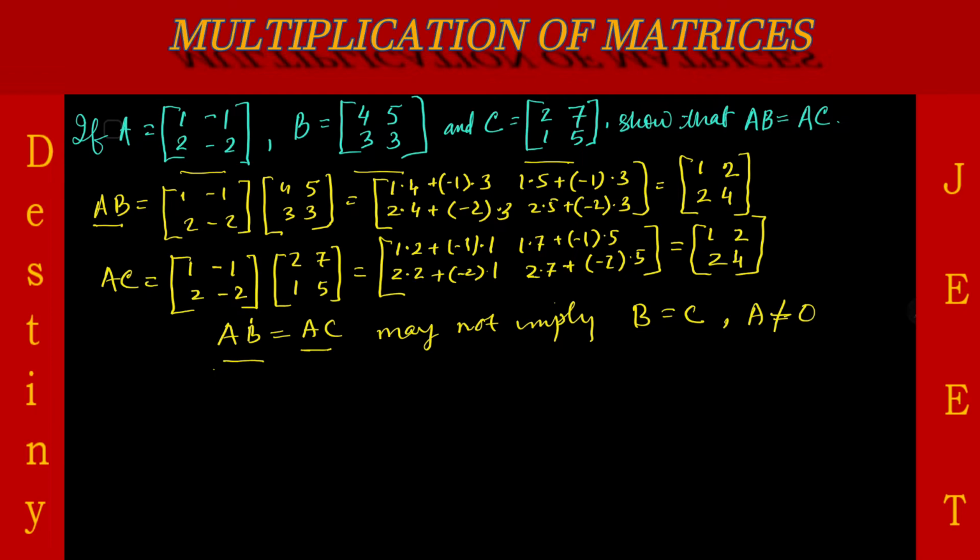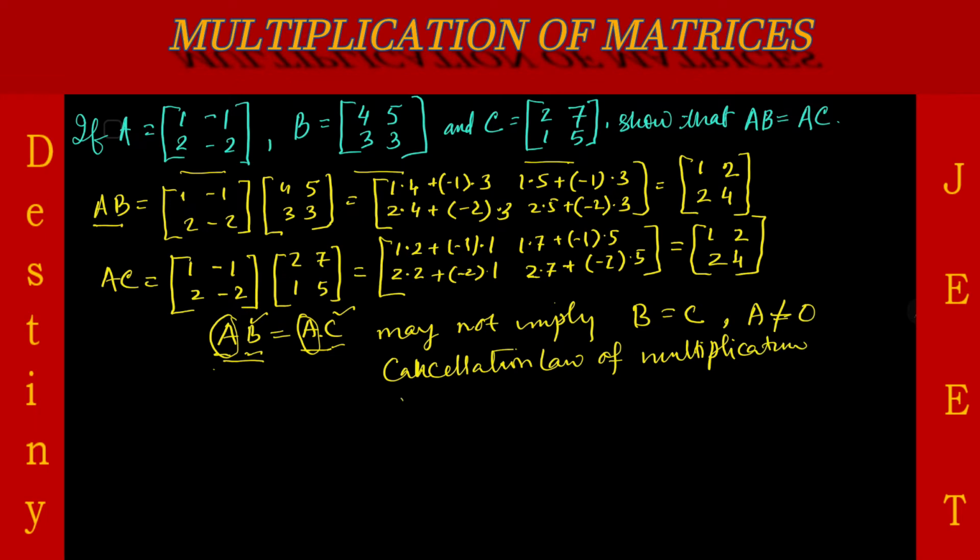So we cannot say that B and C are equal, because A into B and A into C are equal and A is the same for both. We cannot say B is equal to C. Hence, the cancellation law of multiplication of matrices may not hold true always.